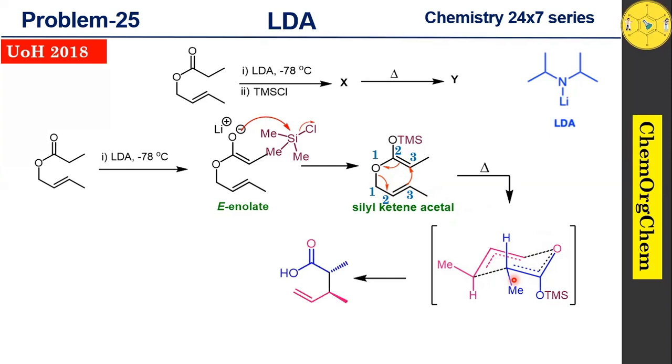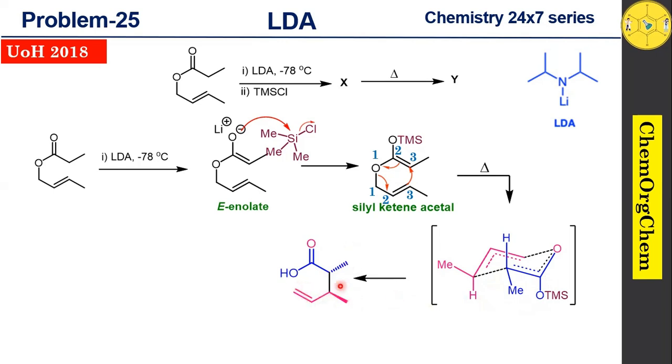Here you should note the stereochemistry of the two methyl groups. In this transition state, this methyl group is pointing down while at the same time this methyl group is pointing upward. Based on that, this methyl group points downwards and this methyl group points upwards.